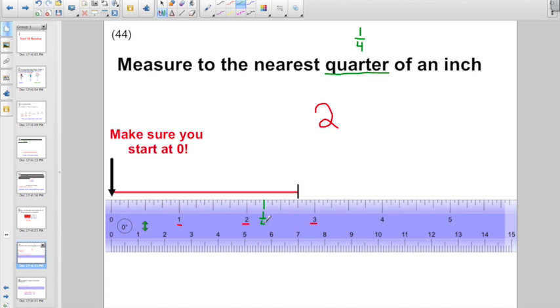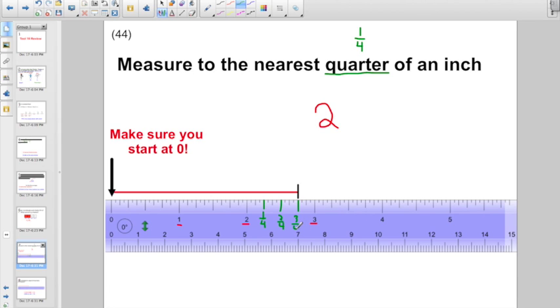And then count out another 4. 1, 2, 3, 4. Here's your other longer line. This would be 2/4. And then lastly, if I counted out 4 more and go to the next longest line, the long lines are your fourths, and this would be 3/4.